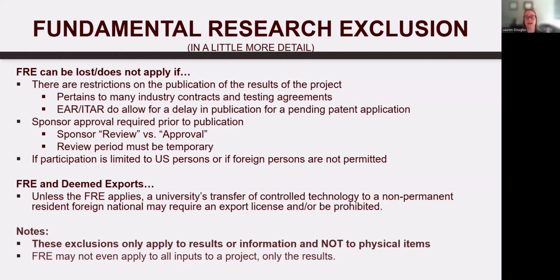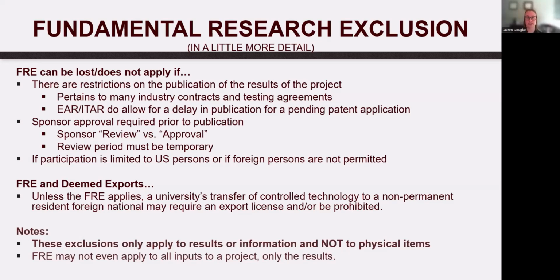FRE can also be lost if there is any sort of restriction on individuals who can work on the project. So if a project is limited to US persons, or if foreign persons are not permitted to work on the project, then the fundamental research exclusion does not apply. And so how does this work with deemed exports?